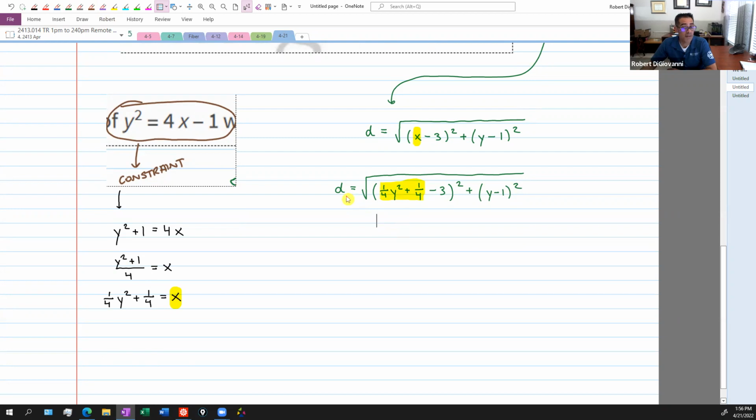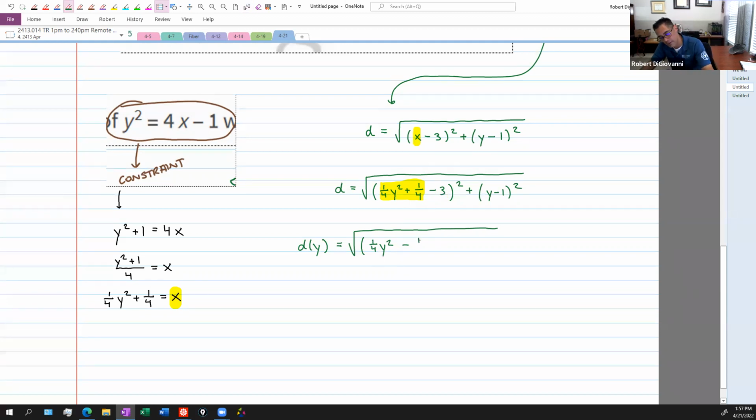Is our objective function now a function of a single variable? Yeah, y, right? It's a function of y. So I can rewrite this as d of y equals the square root of, let me try and clean this up, 1/4 y squared minus, I could put the 1/4 and minus 3 together.